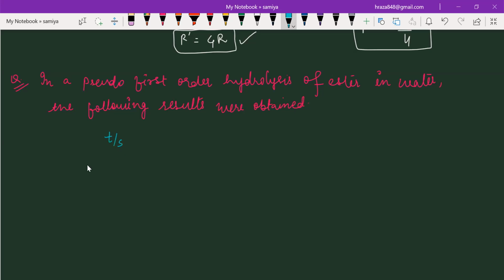T in seconds and concentration of ester is given in mole per liter.